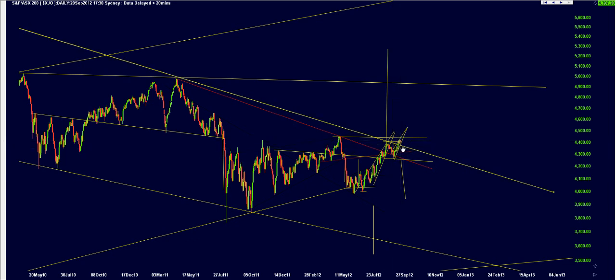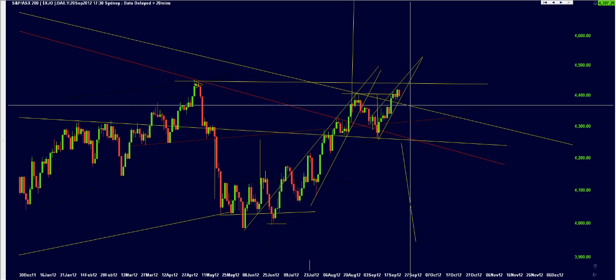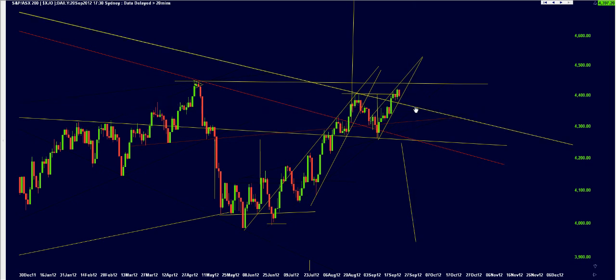So very interesting, guys, to see if the markets will hold up on that yellow line, or if this area breaks and we get back below our long-term downtrend line coming from 2007, we may be coming back down to test that 4,260, 4,270 area.